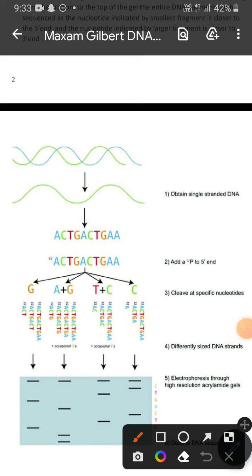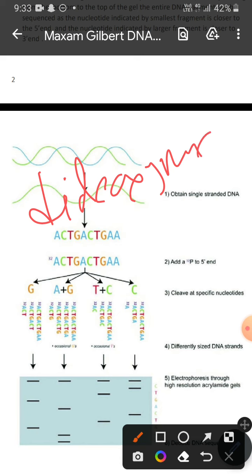Here, in the case of Sanger's DNA sequencing method, we are using dideoxynucleotide, right? And the process name was chain termination. But here we are using the chemical degradation method, and as the name suggests, we are using chemicals, commonly known as modification chemicals. Why?